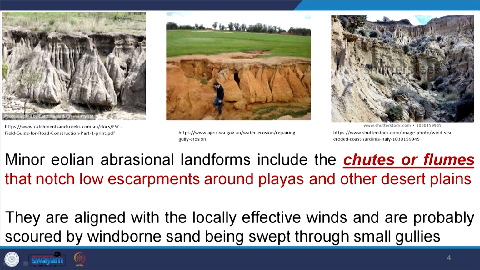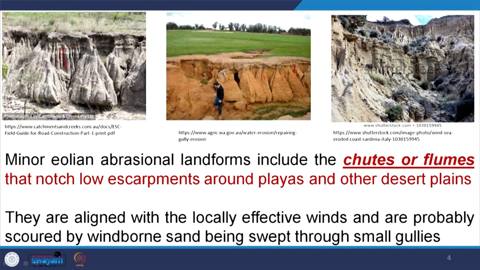Then if we continue with this erosion, suppose we have unconsolidated or semi-consolidated material and gullies are formed here. Now we allow this sand-laden wind to interact with the gully surface. What will happen here? These gullies were earlier of fluvial origin, and their erosion is added to by wind action.